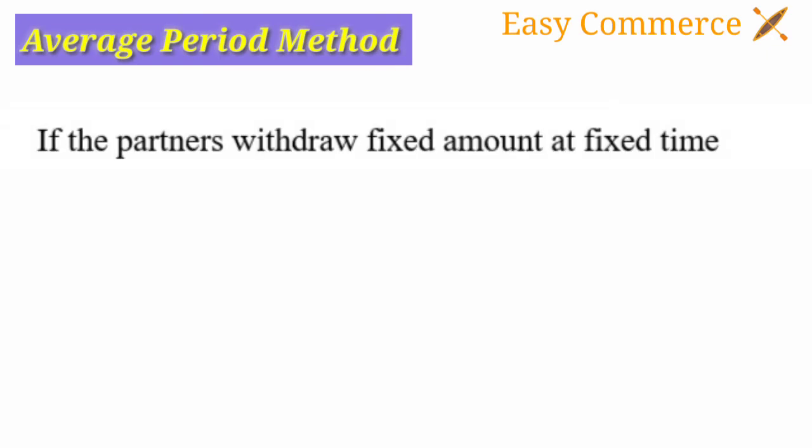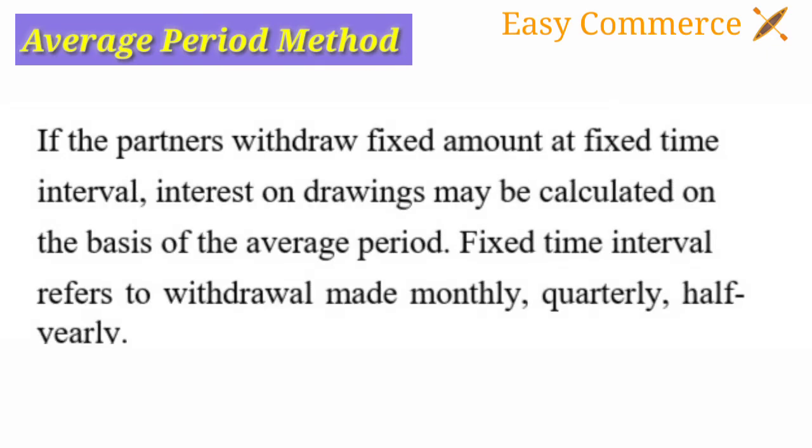If the withdrawals are of equal amounts and are made at regular intervals, then we can use average period method. If the partners withdraw a fixed amount at fixed time intervals, interest on drawings may be calculated on the basis of the average period.